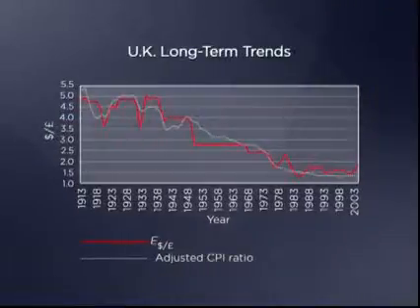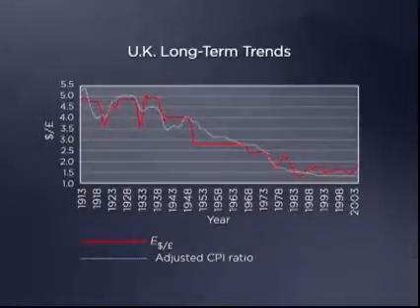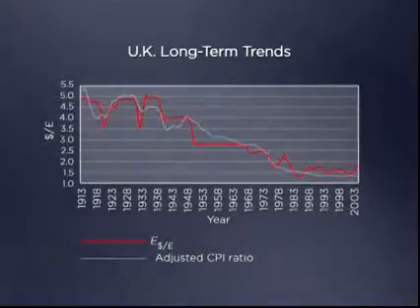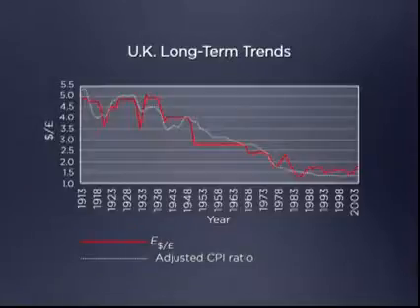Evidence in favor of the law of one price and of the theory of long-run exchange rate movements predicted by the law of one price is present in the diagram you are now seeing. That diagram plots the exchange rate in dollars per pound sterling for a long period of time, 1913 to 2004.